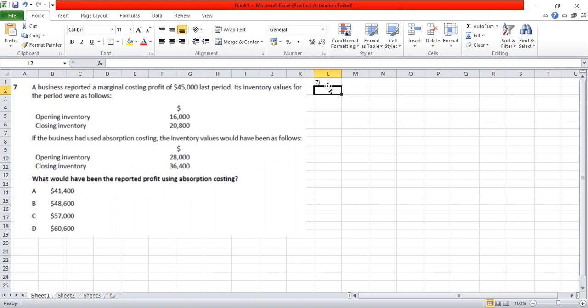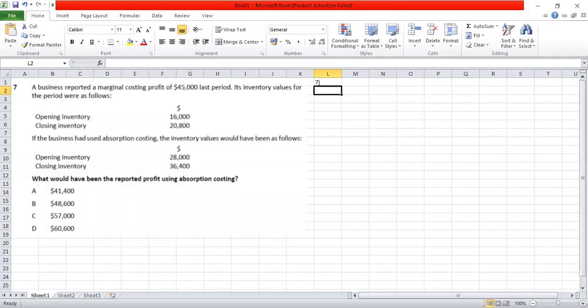Fine. Marginal costing reported a profit of 45,000. We are asked to find out what would have been the reported profit under absorption costing. So it's kind of a reconciliation that we have to prepare. We have to reconcile these two profits. We know the profit as per marginal costing.